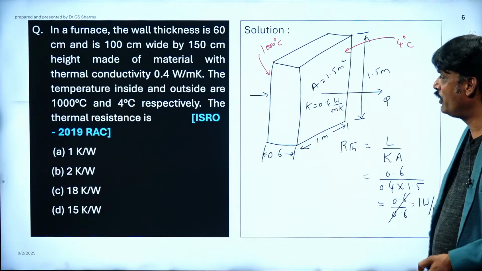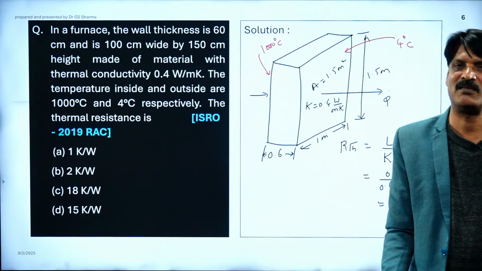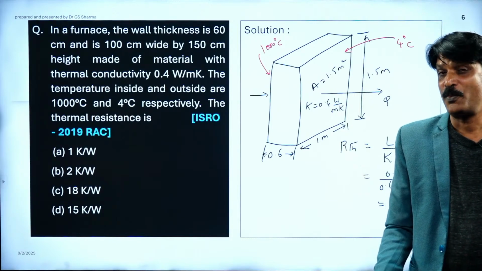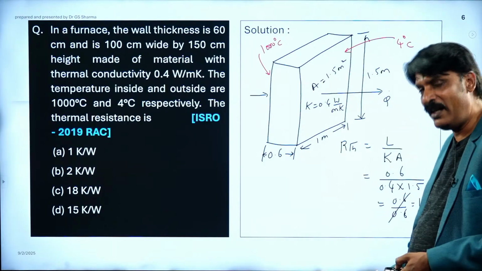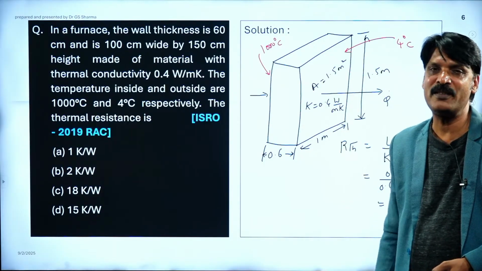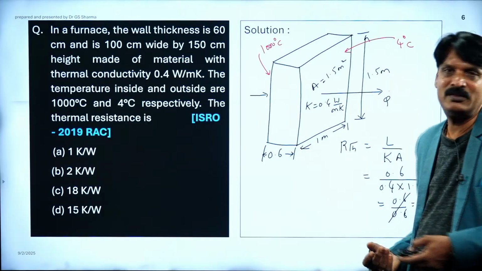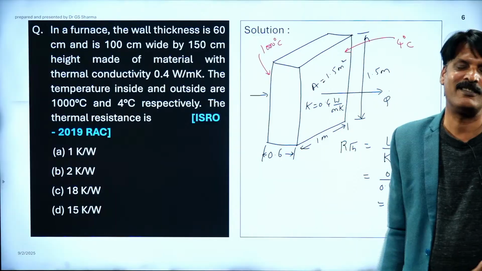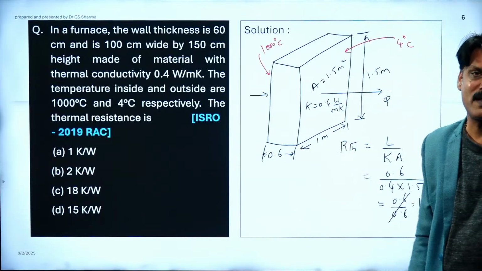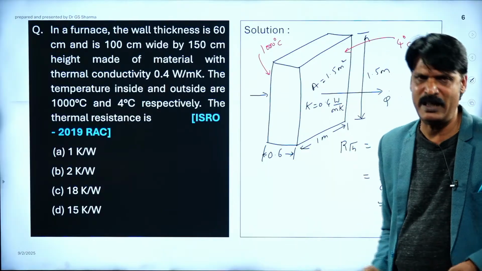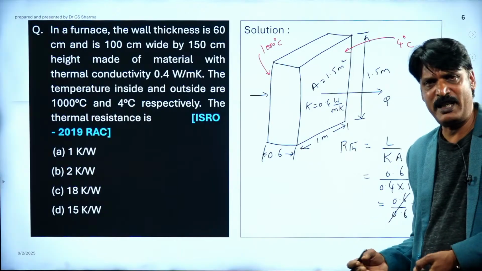That's good. So the extrapolation of this particular concept is they can ask resistance pertaining to spheres. For cylinders there is a logarithmic term. There is a possibility of asking the thermal resistance of spheres, or they may give critical thickness or geometric mean area.